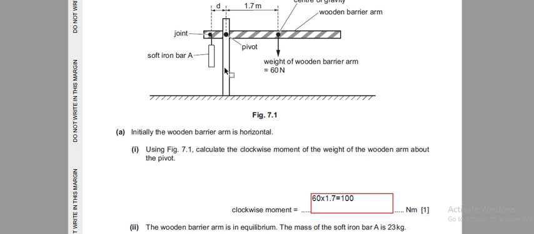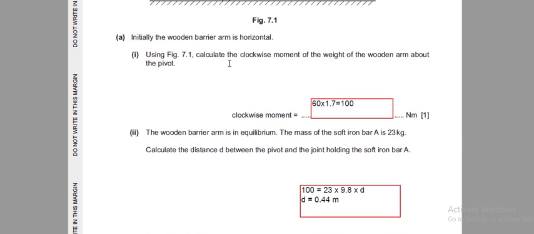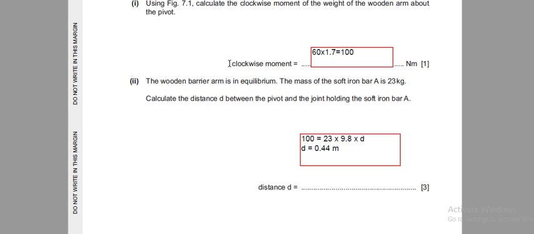Here is clockwise and here is anti-clockwise. So to find the distance d, we will equate the moment that we calculated for the wooden bar to the moment from the iron bar, which is the weight of the iron bar, its mass times the acceleration due to gravity times the distance d to the pivot.